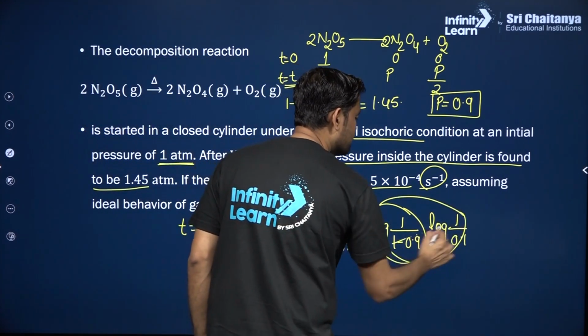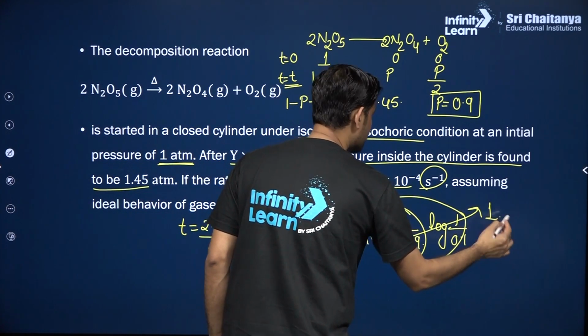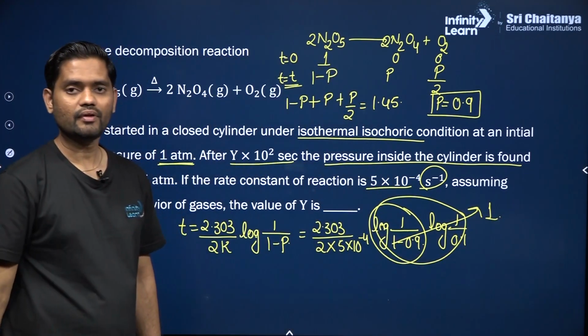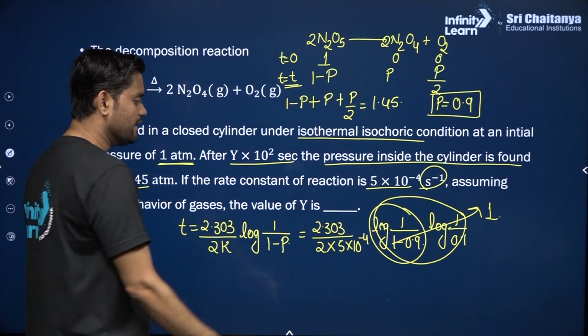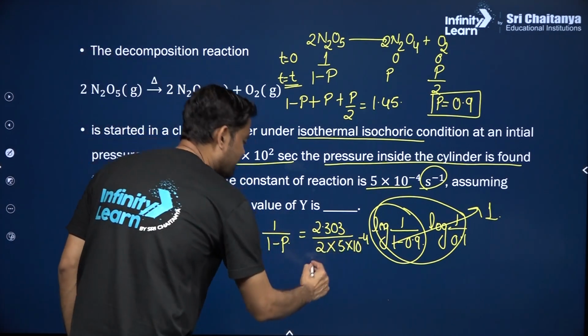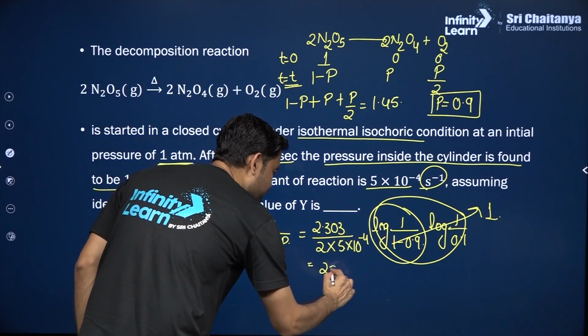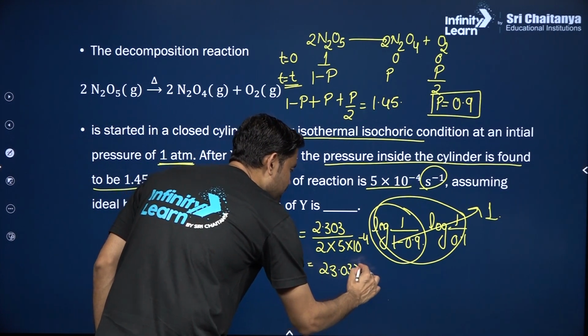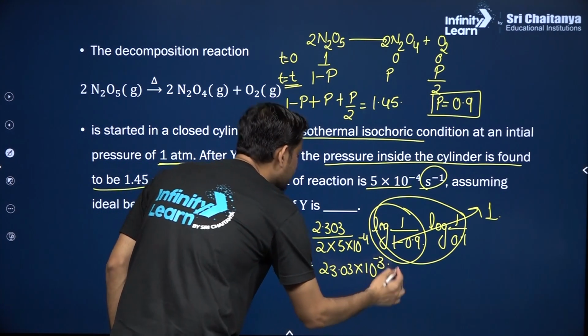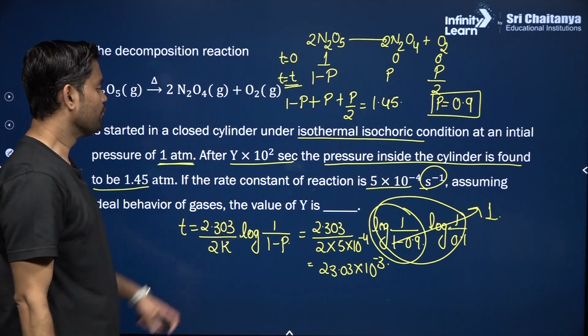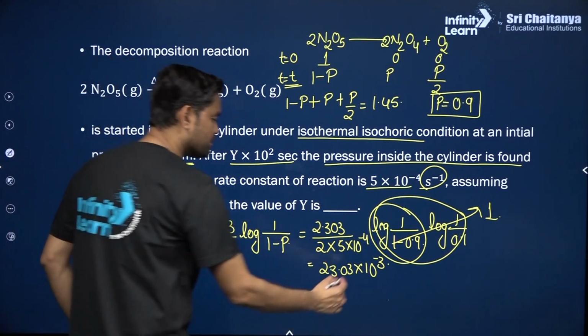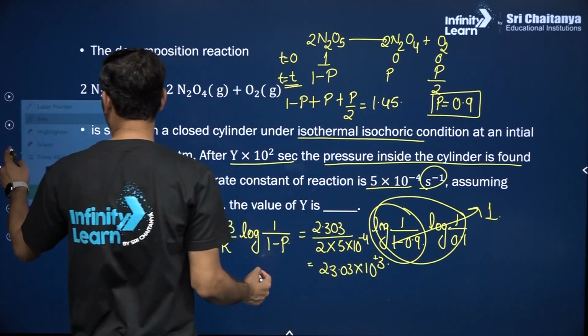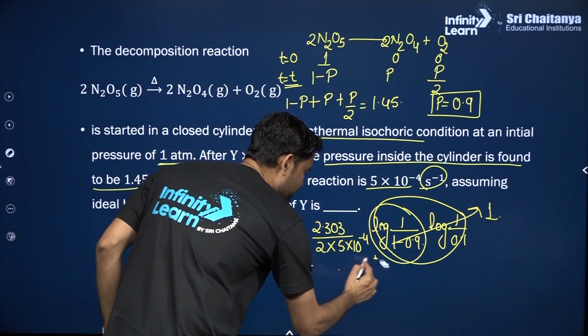So this entire term tends to 1. Okay, clear? 5 2s are 10, so it is 10 raised to minus 3. Wait a sec, I'll write it again one more time properly.